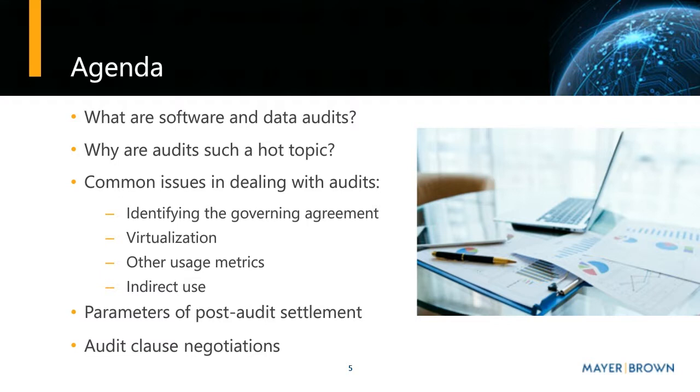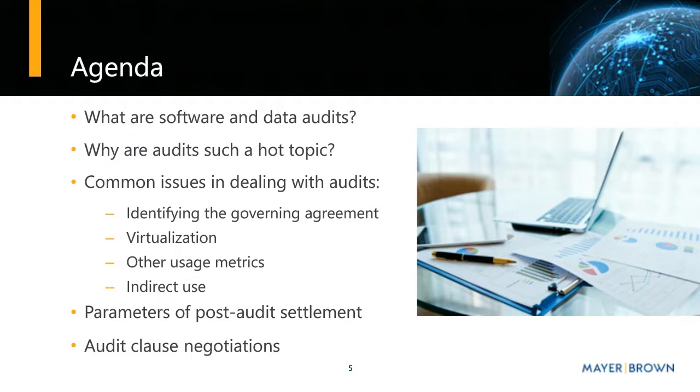It's surprisingly difficult even for sophisticated audit victims to identify the governing agreement that governs their use of the software or data. So we'll talk a little bit about the problems we've seen there. Virtualization is another very common topic, and that's when companies, licensees are attempting to use virtualization to reduce their license costs.